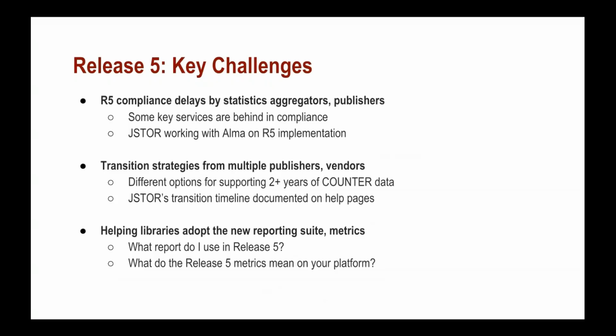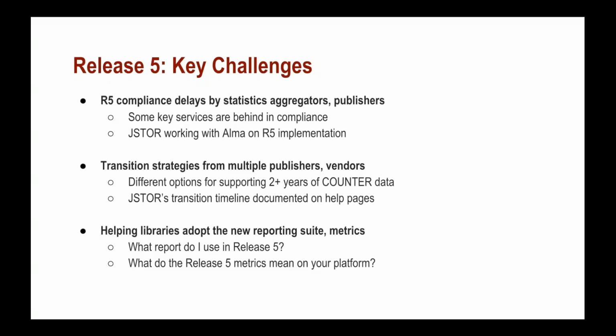Some of the key challenges that we've seen touched on the general timeline, and how the players or pieces of the statistics gathering and reporting workflows, whether that be content providers, aggregation services, or libraries, are affected. Delays, especially between the stats providers and the aggregators, can be painful.